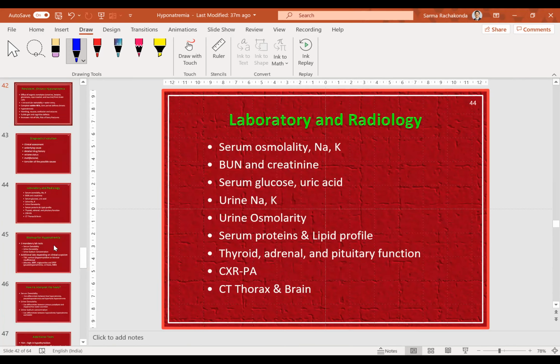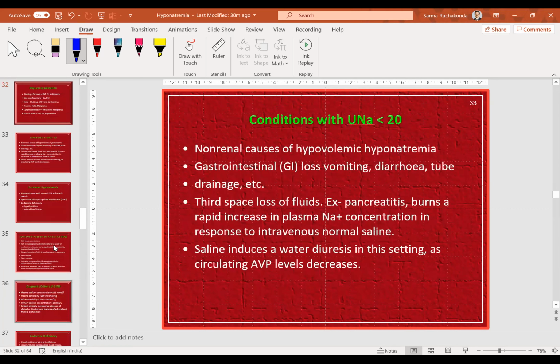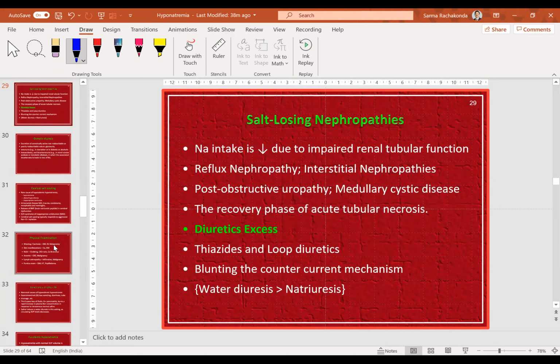Maybe we'll continue next Tuesday with the algorithmic approach, and maybe we will finish hypernatremia also along with hyponatremia in that class. Algorithmic diagnosis and treatment of hyponatremia, and then hypernatremia, will be part of the next class. Today we looked at the water balance, the profile of hyponatremia, and what the various types are.